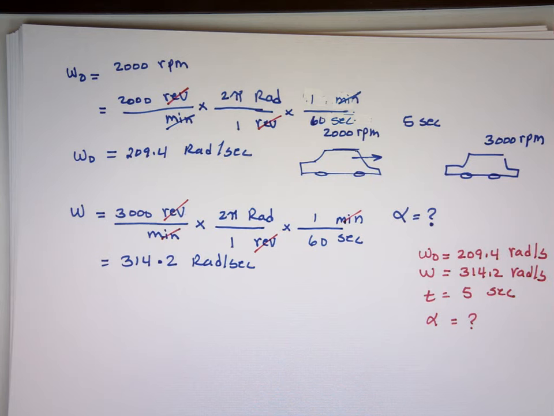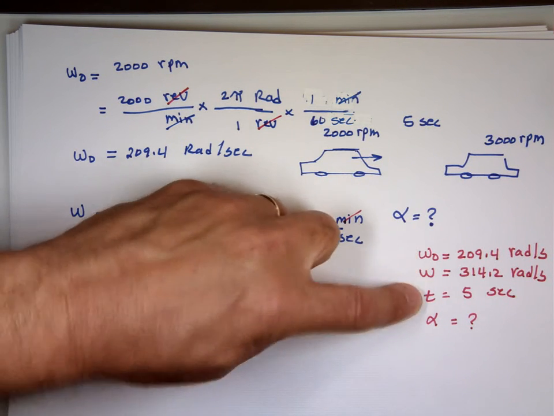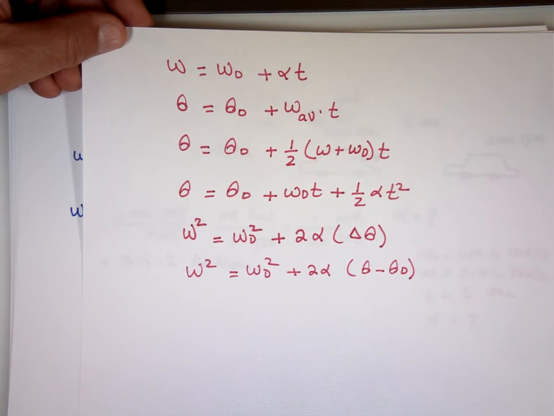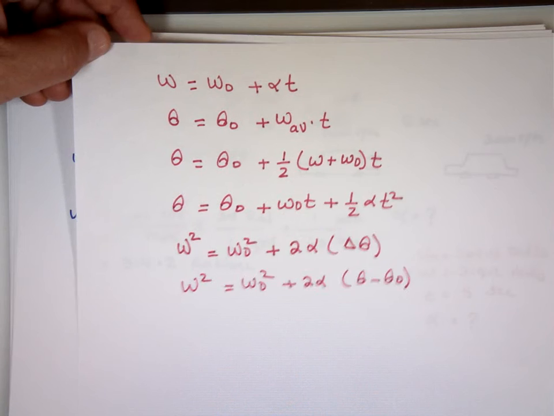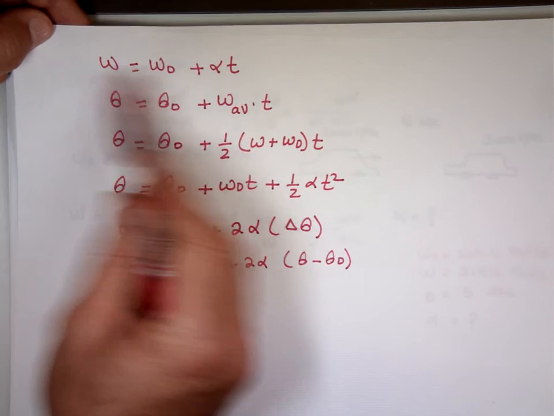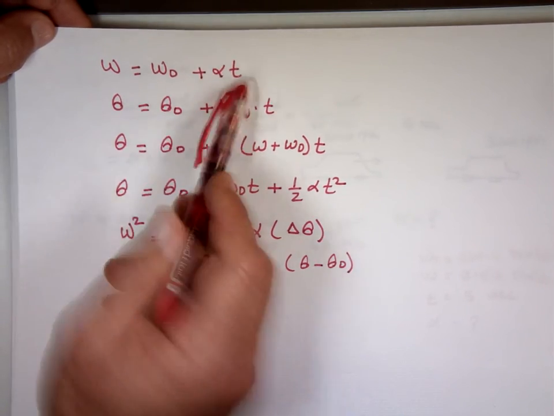Do we have an equation that ties all these pieces together? Omega, omega naught, t, and alpha. Which equation? The top one has all four pieces in it. So if I use the top one, I can find alpha.